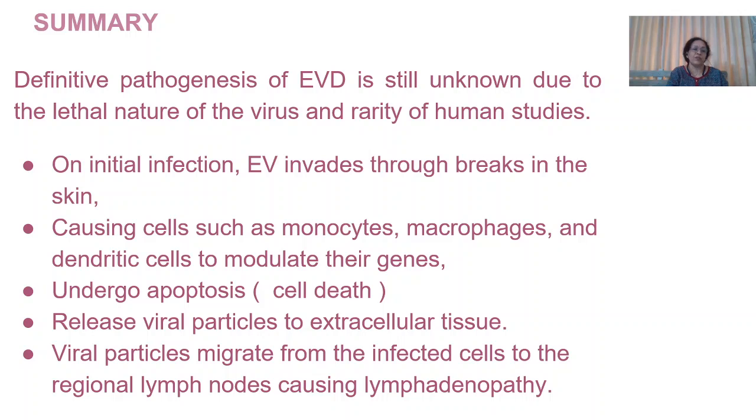They undergo apoptosis, which means cell death. Release of virus particles into extracellular tissues leads to destruction of neighboring cells. Viral particles migrate from the infected cells to the regional lymph nodes, causing lymphadenopathy.